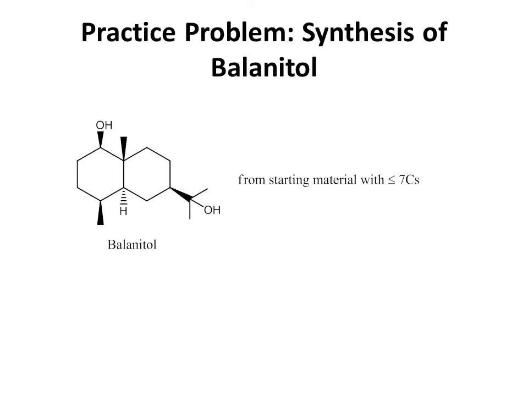Now it's your turn to propose a synthetic route, working backwards from the monoterpene Balanitol to a starting material with 7 or fewer carbons. As a hint, remember from first-year organic chemistry that, as one way to alkylate a carbon skeleton, you can react a primary alkyl halide with enolate anion, but you have to work backwards to C double bond O first. Good luck!